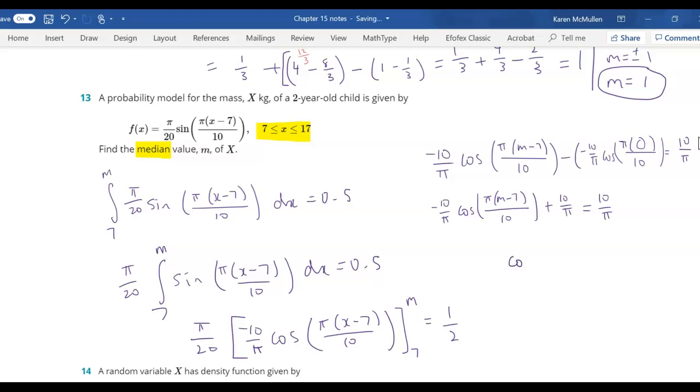Let's keep going. So cos of pi m minus 7 on 10. This 10 over pi and this 10 over pi cancel each other out, and then that disappears, so it's just going to be 0.